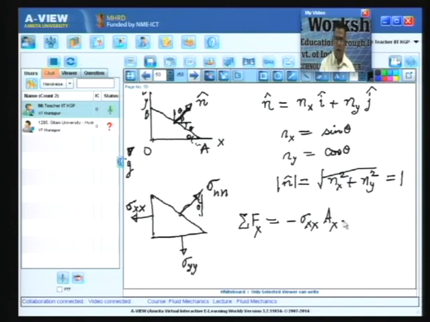So, it is going to be plus sigma_nn into, let us say, A_n is the area of the inclined face. Now, you want this component, so that is multiplied by sin theta. So, this is equal to 0.